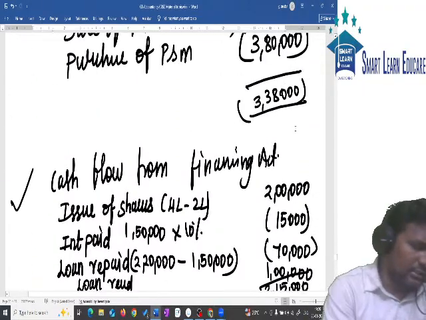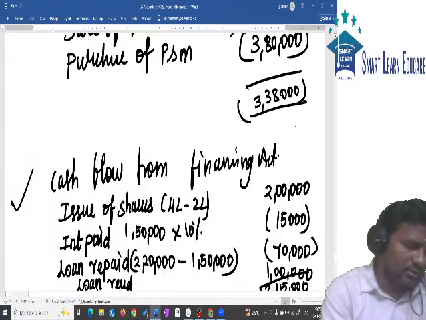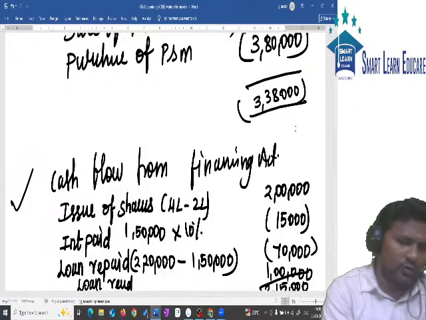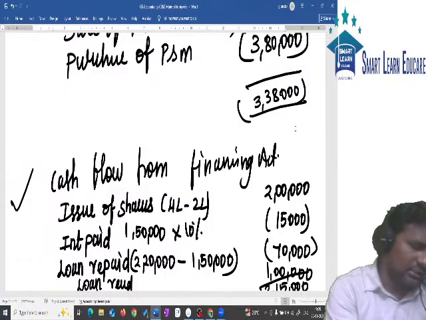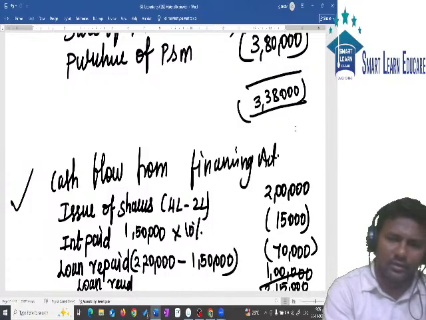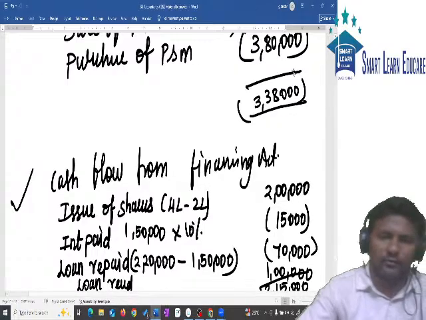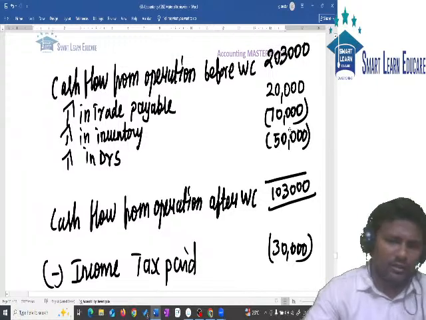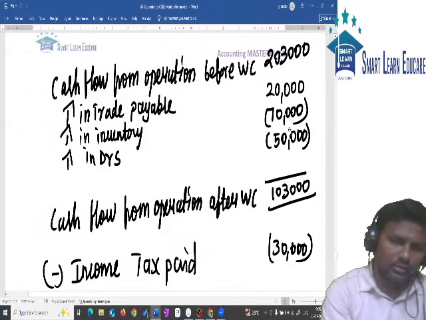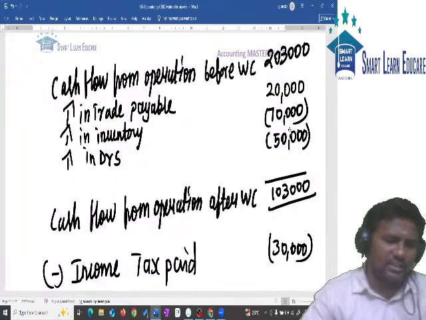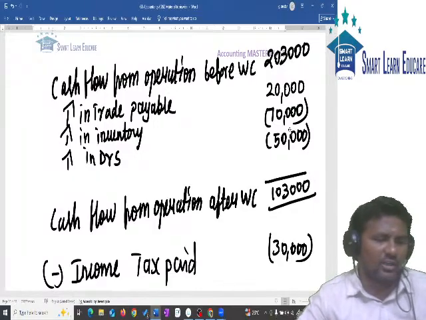See 338 outflow. 338 outflow அப்புறம் inflow எவ்வளோ இருக்கு 2 lakh 15. அப்போ 338 outflow plus 2 lakh 15,000 will give you 123. இங்க வந்து நமக்கு இருக்கிறது எவ்வளோ இருக்கு inflow of cash 1 lakh and 3,000. அந்த depreciation 30,000 some amount நம்ம adjust பண்ணோம்ல.